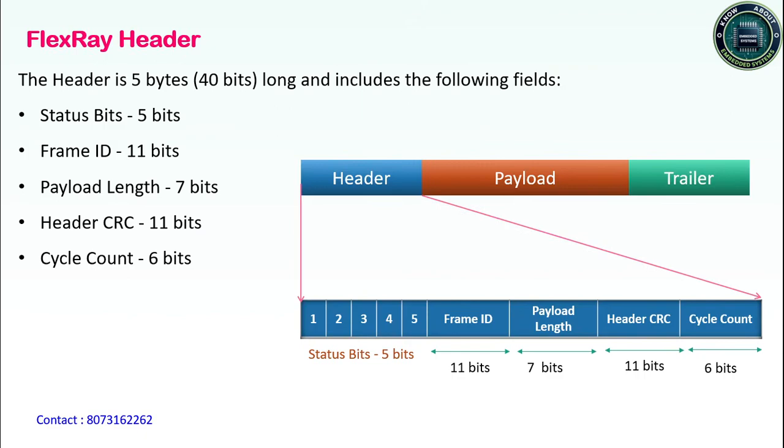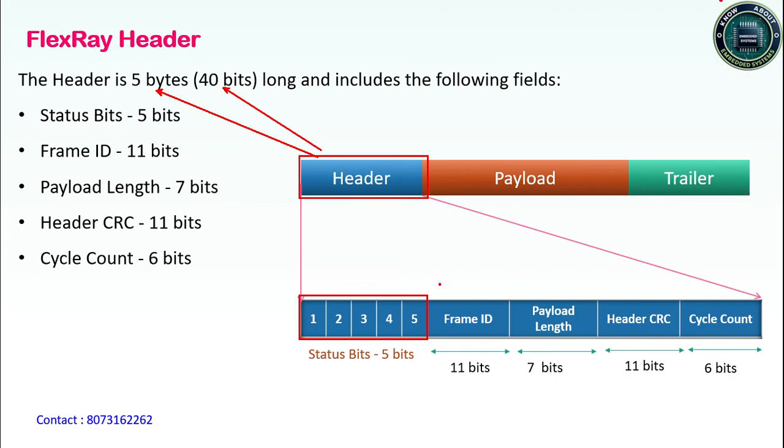First of all, let us concentrate on the header part. The header part is totally 40 bits, nothing but 5 bytes of data. This complete header part that you are seeing is 40 bits, 5 bytes of data, and under this header we have multiple different parameters, which I'm highlighting right now.